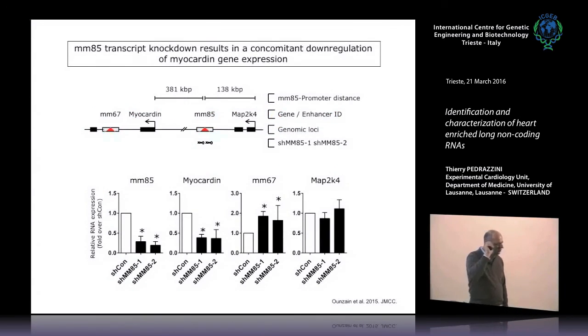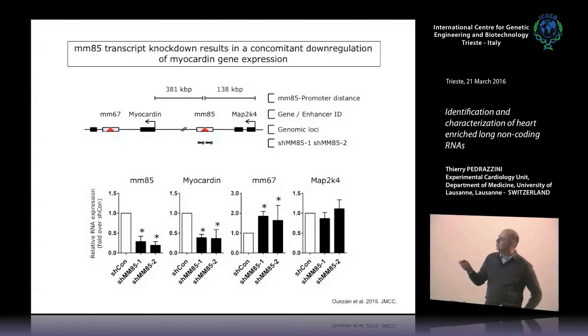And this is the ultimate experiment in which, to test the function, you have to use a knockdown experiment of the transcript in order to prove that this transcript has a function. You cannot mutate the DNA element, because if you mutate the DNA element, it doesn't tell you that the transcript is important, right?